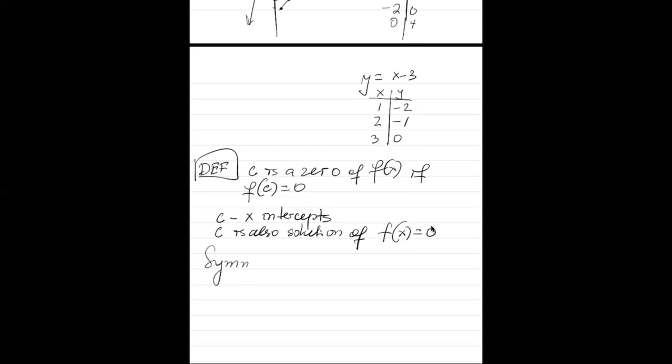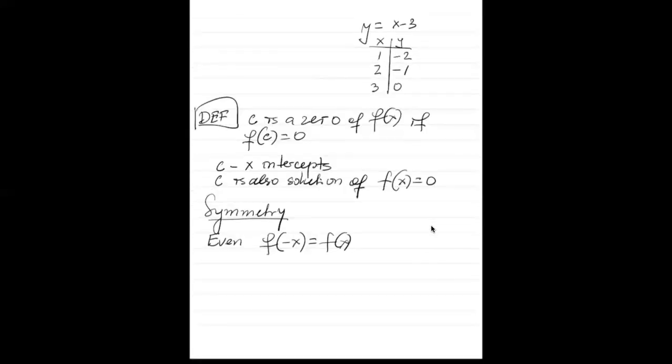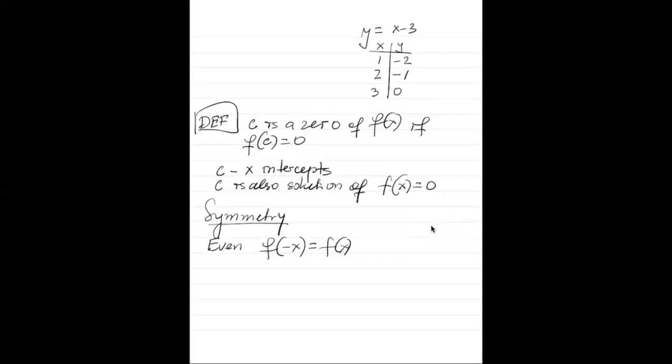Symmetry of graphs. What we call an even function is a function that satisfies this equation: f of negative x is equal to f of x, and that is true for every x. The graph of an even function has symmetry with respect to the y-axis.